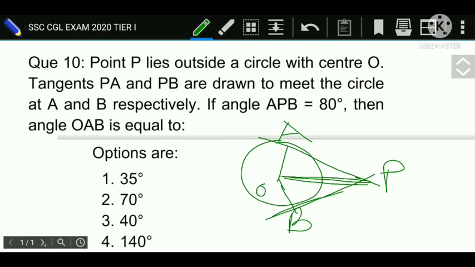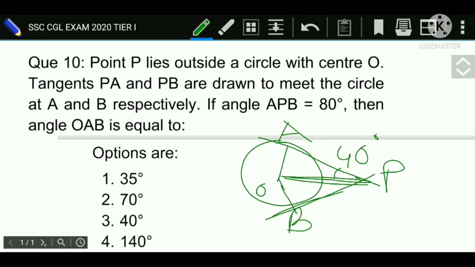So here angle APB is given 80 degree. The bisector of this angle will be 40 degree, means this angle will be 40 degree. Now at the point where the tangent is, the tangent to the center makes an angle of 90 degree.